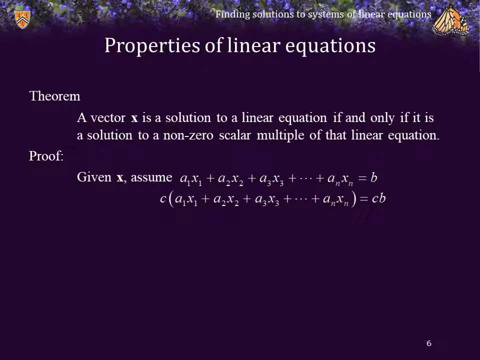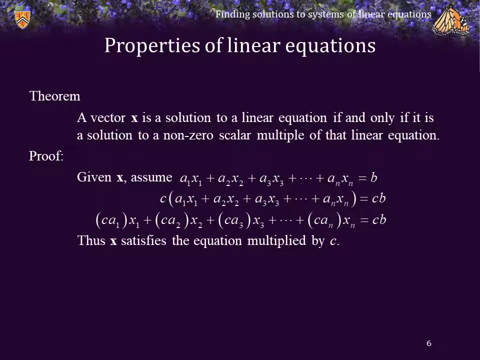Consequently, if two things are equal, I can multiply both sides by any constant, and the result is still equal. On the left-hand side, I can use the distributive property and the associative property to get that this must also be true, and so therefore x must also satisfy the equation where each of the coefficients is multiplied by c.